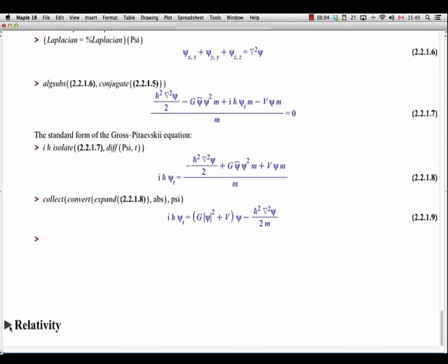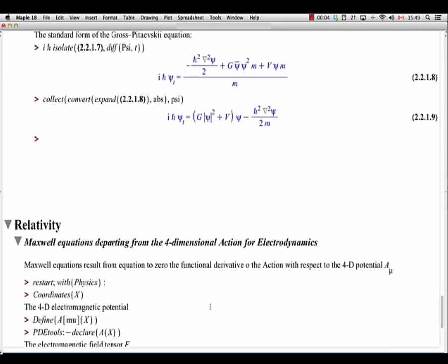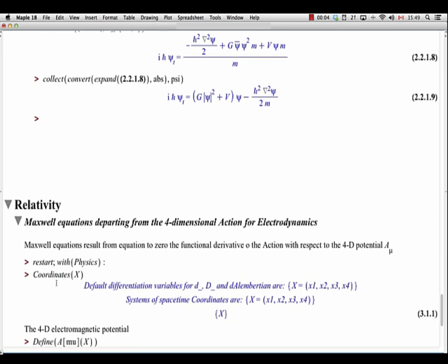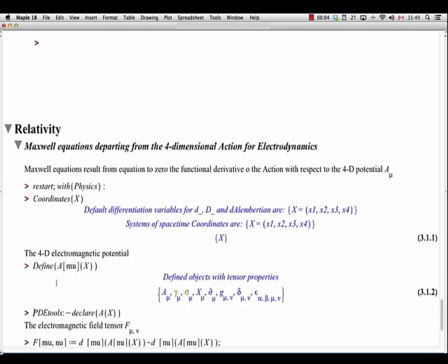And now I want to go into two examples from relativity to make the presentation more complete. So the first example is to derive Maxwell equations in the tensorial form, departing from the four-dimensional action for electrodynamics. For this, we first set a coordinate system. We define the four-dimensional electromagnetic potential. It's a tensor, A mu.